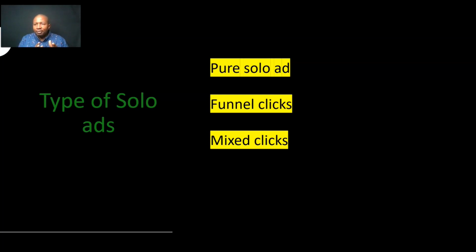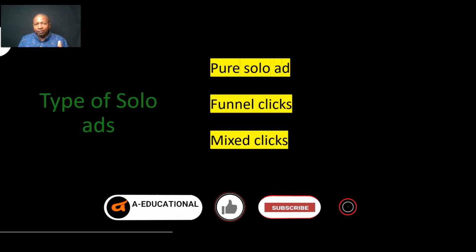That means your opt-in rates will go higher; basically we aim for 50% or higher. So let's say you buy 100 clicks, you should have at least 50 people in your email list.